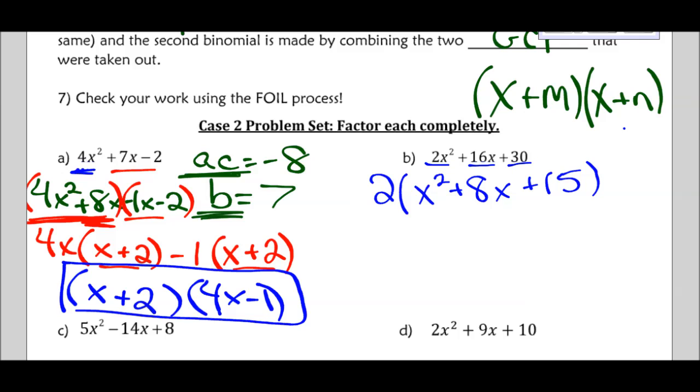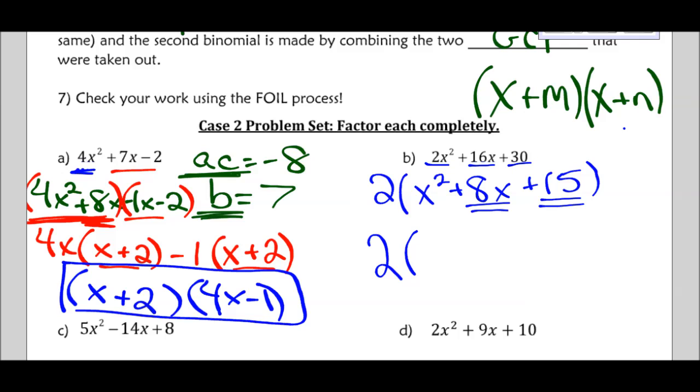What does that break down into? How do we factor that? What's going to multiply to be 15 and add to 8? The extra 2 is just going to sit on the outside.